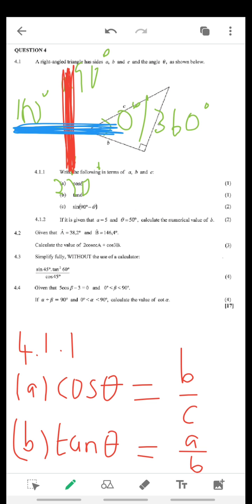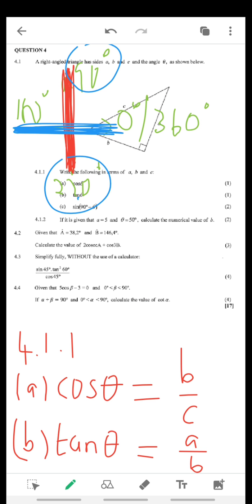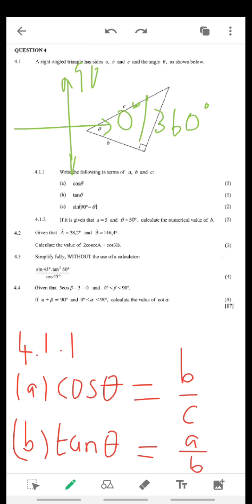So, does 90 degrees and 270 degrees change sine to cos and cos to sine? Yes, we are in agreement. Does 180 degrees and 360 degrees change sine to cos and cos to sine? No, I don't agree. That is how you should memorize those ones.